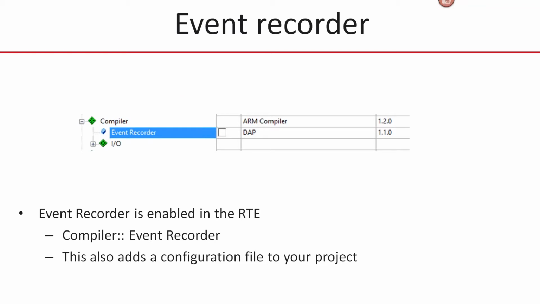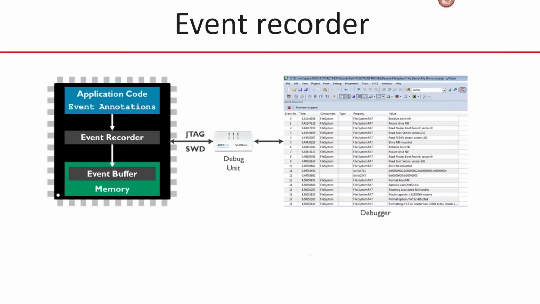Within the latest version of the Keil tools, there's a new debug feature that's been introduced called the Event Recorder. So this works in a similar fashion to the micro trace buffer, in that when we enable it, we create a small buffer on board the chip. This is controllable by the developer. And then we can put macros in our code that write into this buffer.